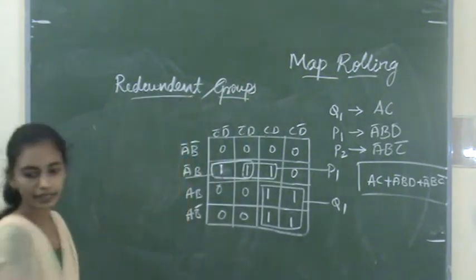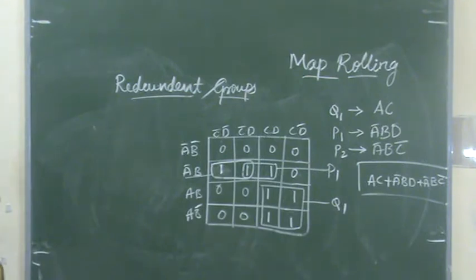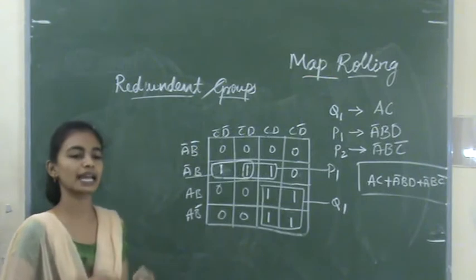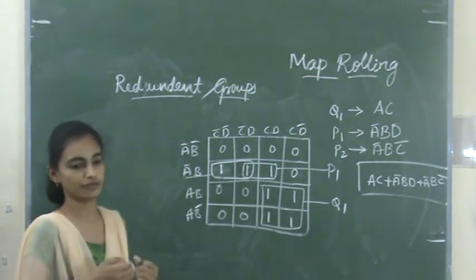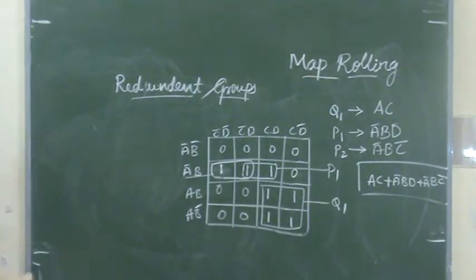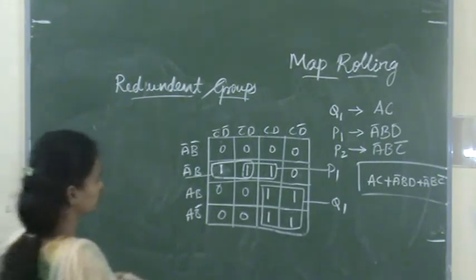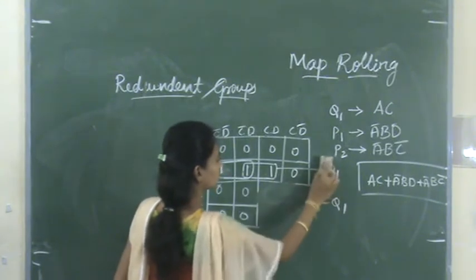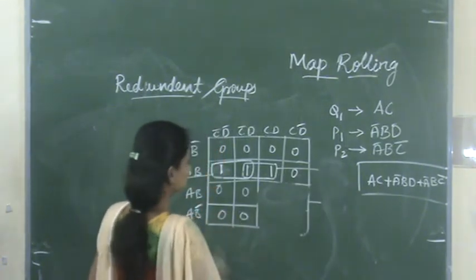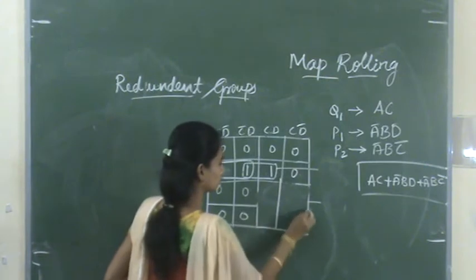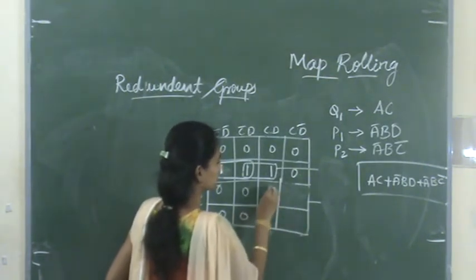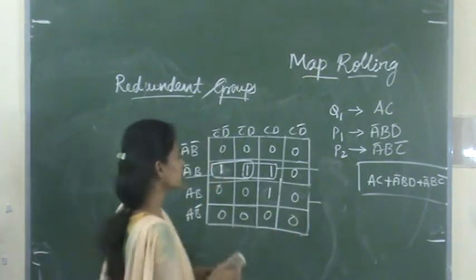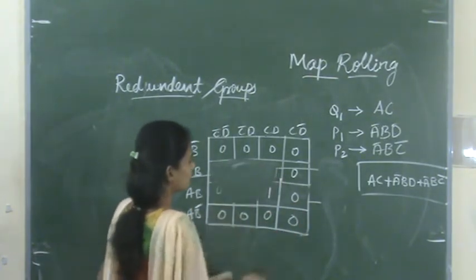So what does redundant groups mean? Redundant group means it is repeating the same ones, right? Okay, suppose take this one as an example.